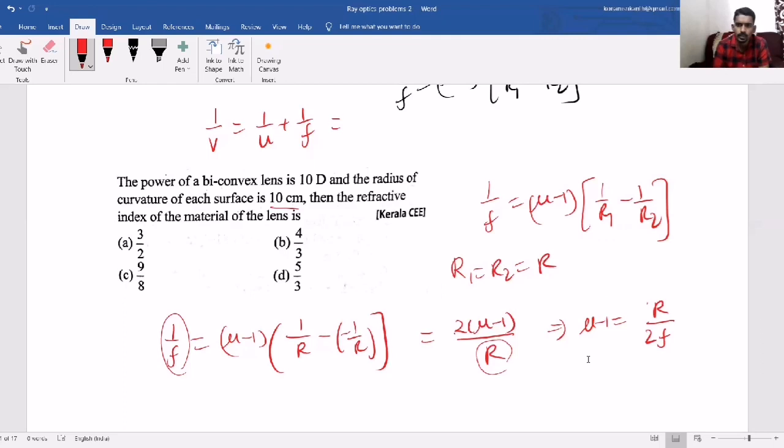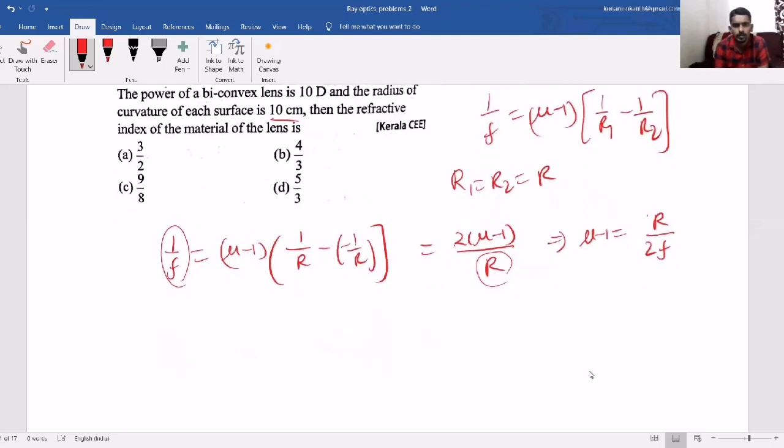Now first you find the focal length, where 1 by F is 10 diopter, because you should not get confused with the units. Here diopter means in terms of meter. So F is 1 by 10 meter. But we want it in terms of centimeter, that means 100 by 10, so 10 centimeter, because here R is also in centimeter.